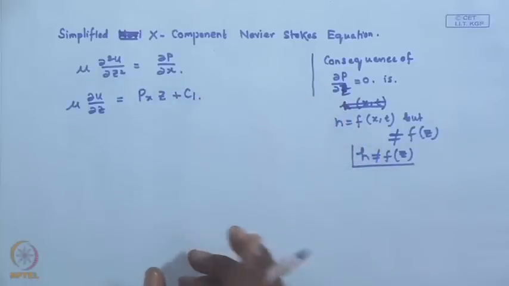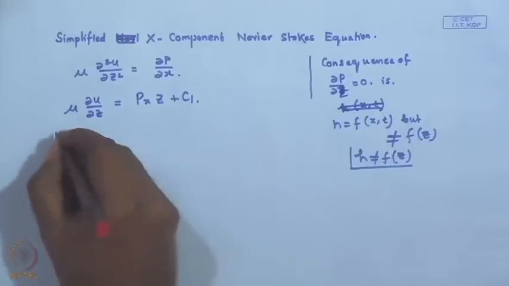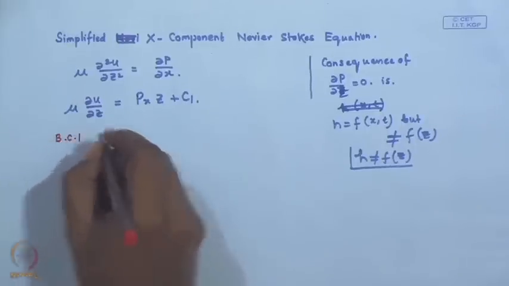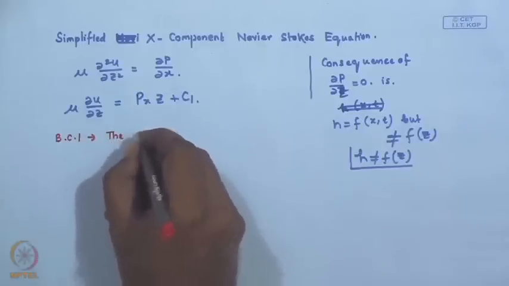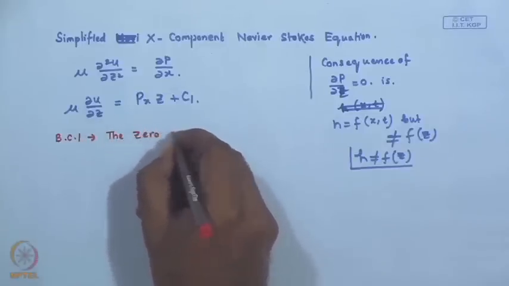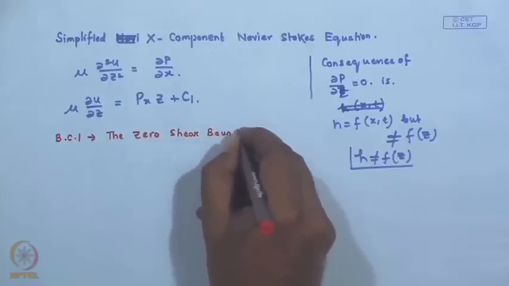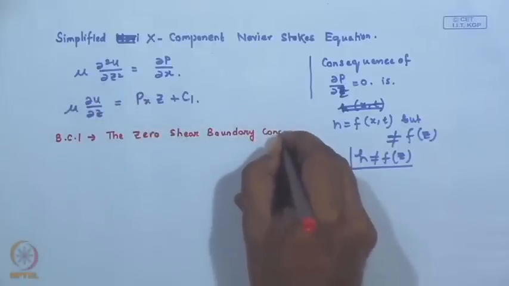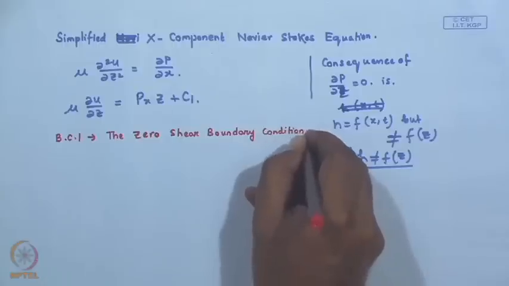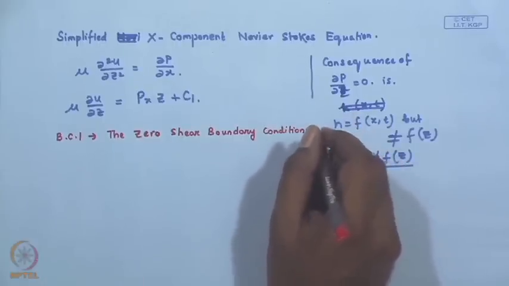Now, first we invoke the zero shear boundary condition, which gives that at the free surface the shear stress is 0.